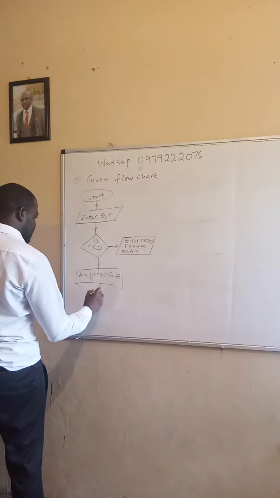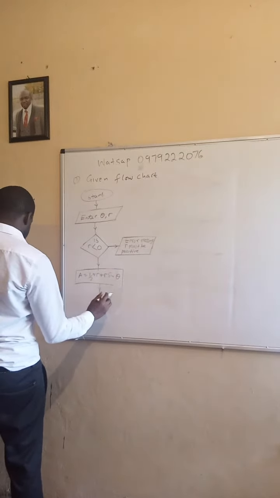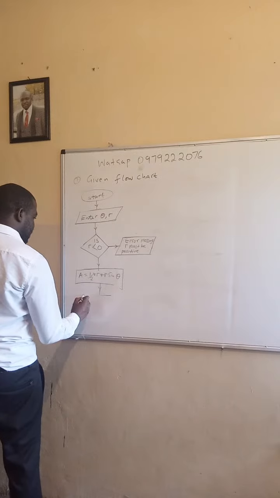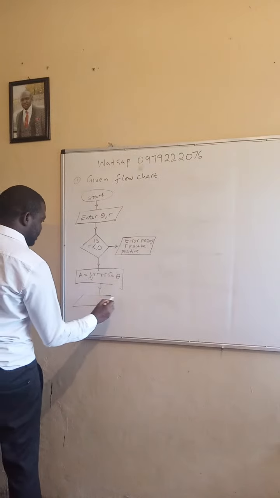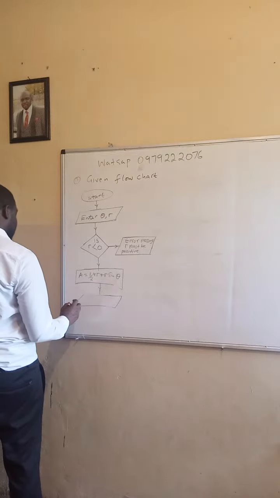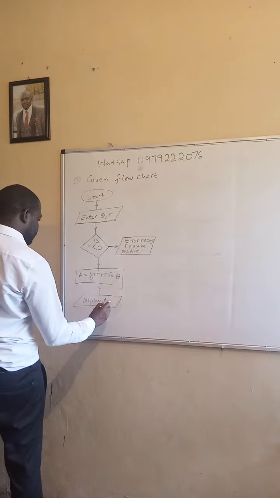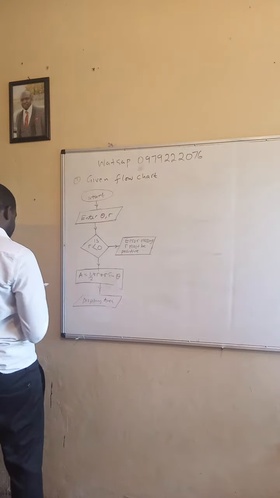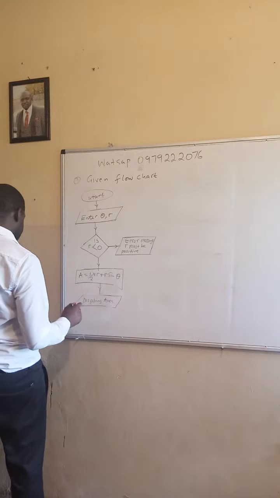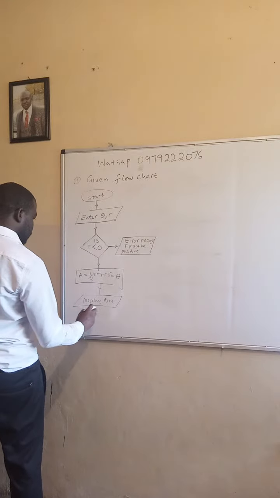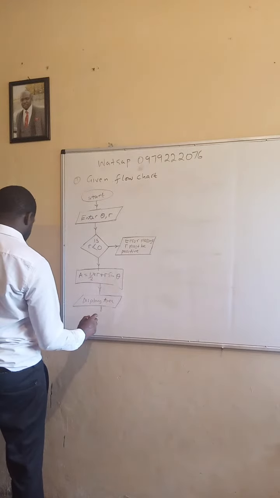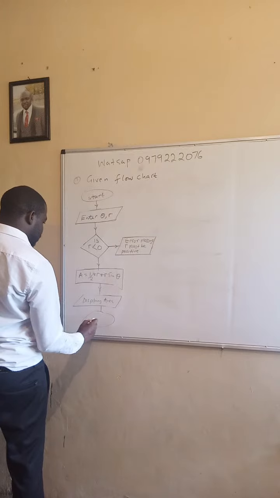And then lastly, it will be display area. This one is a rhombus, not a rectangle. Here it is display area. Display area, and then stop.